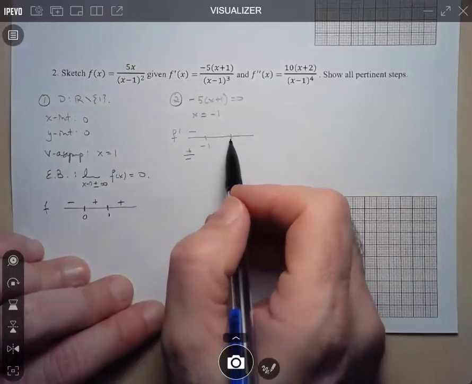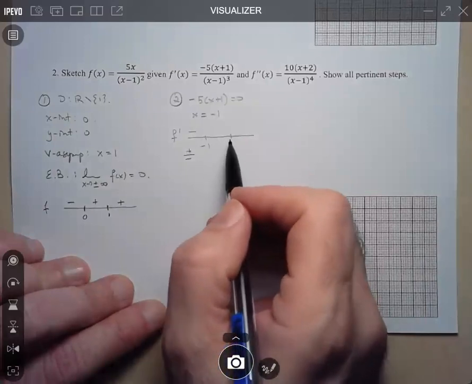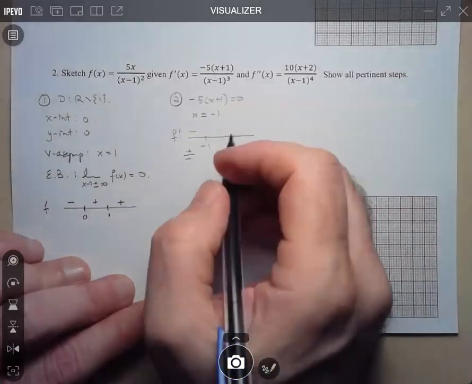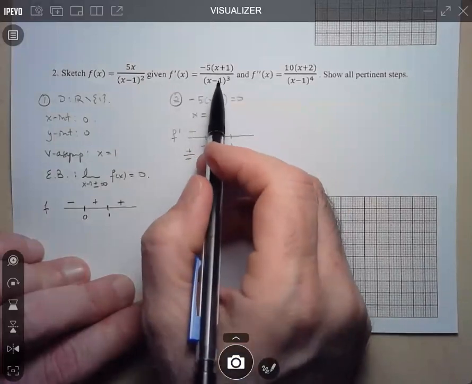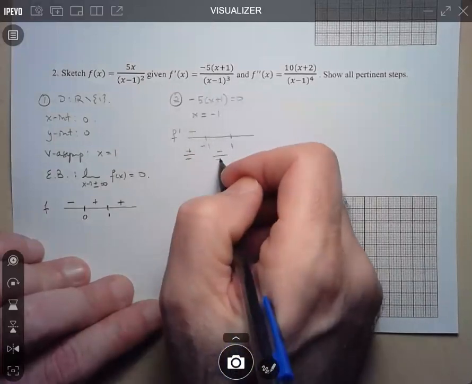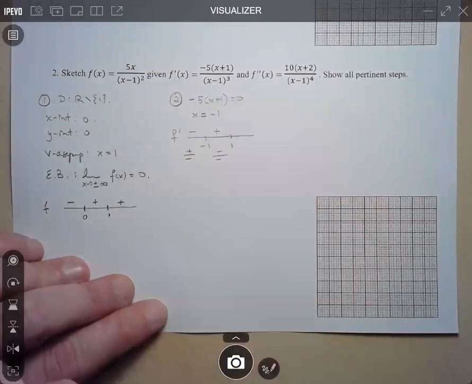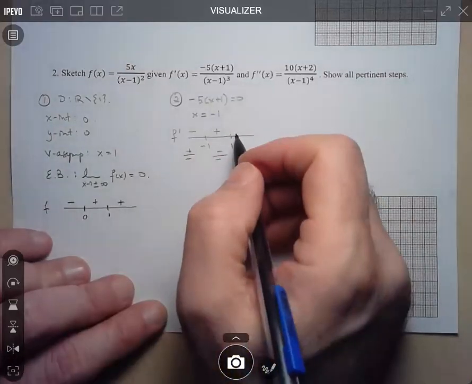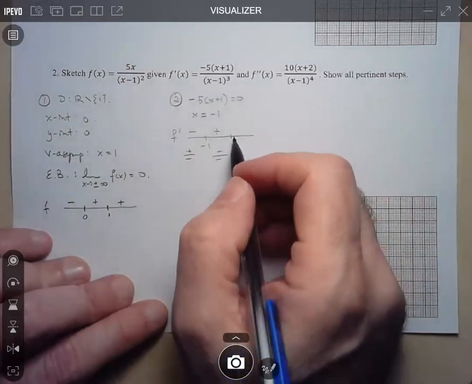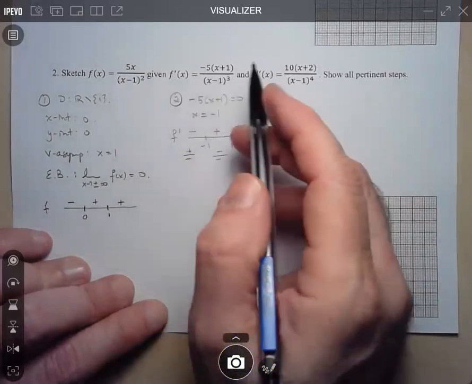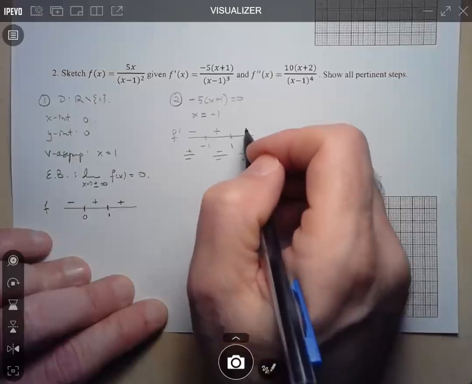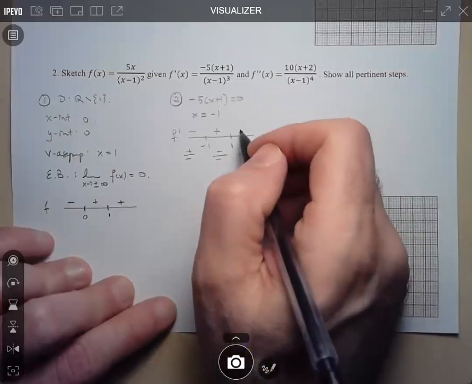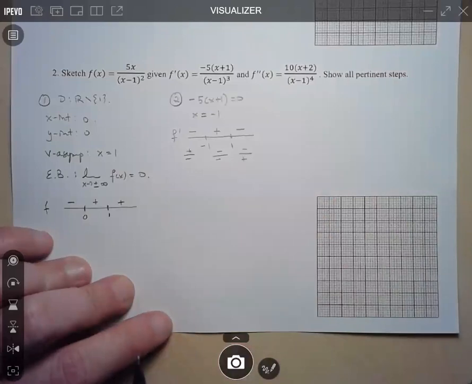Okay, let's pick a number between -1 and 1. How about 0? This is positive times negative, it's negative. 0 minus 1 is negative. When I cube it, it's still negative. So we're going to end up with positive. And then finally, if I take 2, positive times negative over positive cubed is going to be positive.